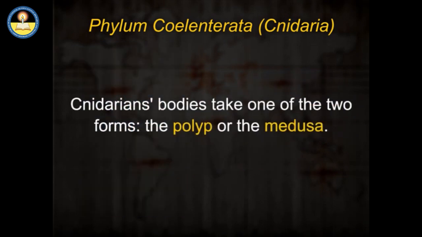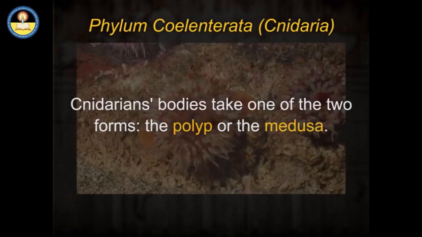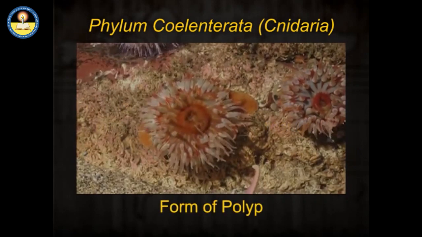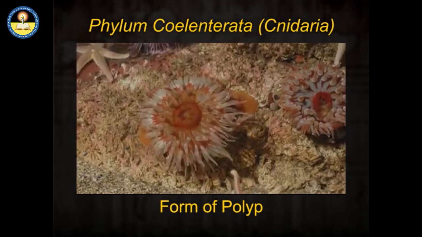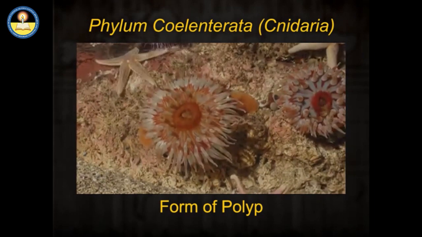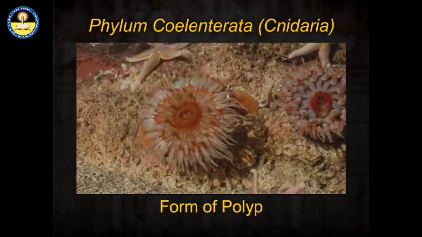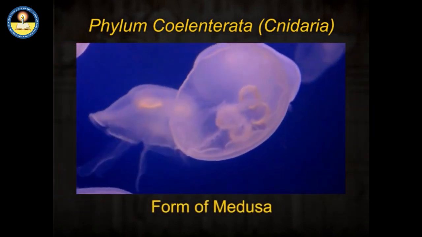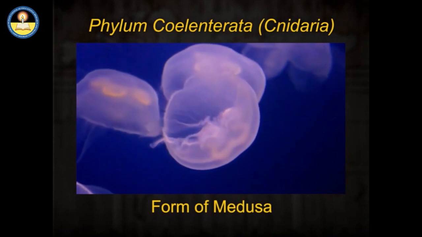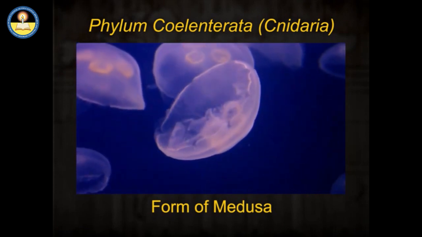Cnidarians' bodies take one of two forms, the polyp or the medusa. While the polyp form is adapted for a sedentary or sessile lifestyle, the medusa form is adapted for floating or free swimming.